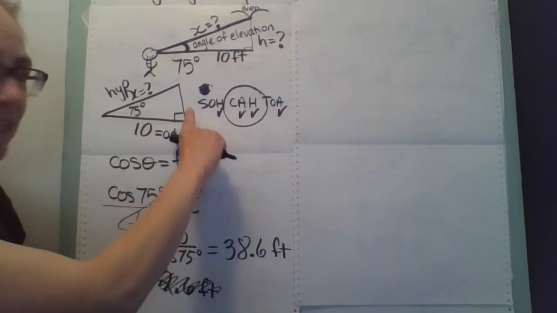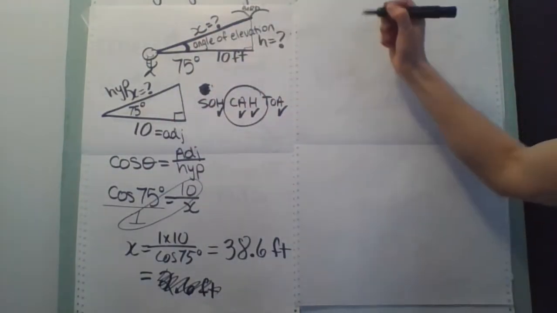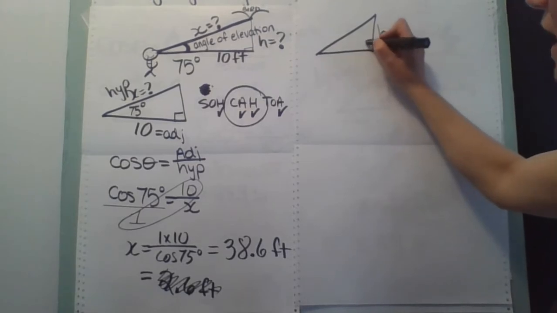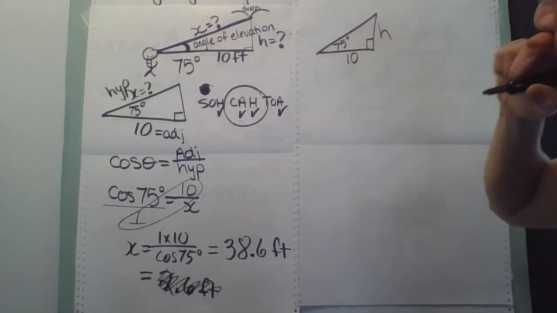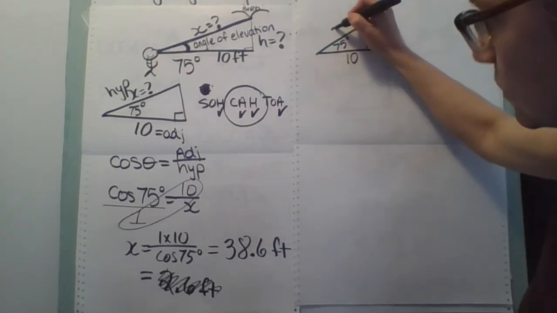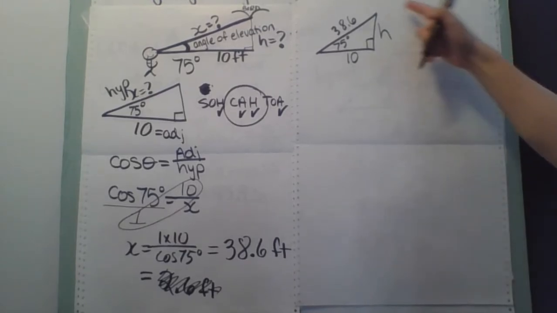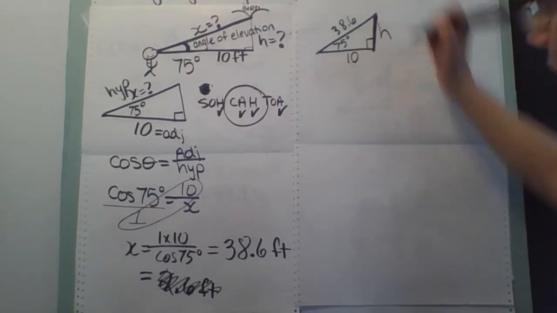Okay. Let's see. If I want to figure out this side length now, let's go back. I'm going to clean it up. I made a big mess again, so let's clean it up. So I'm looking for this side. I know this is 75 degrees and this is 10. And I now know that my hypotenuse is 38.6. So I can now use any of my triangles, really, that involves this side.